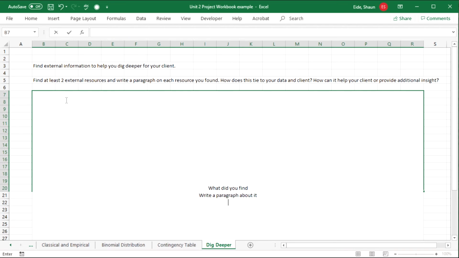And then, if you can, attach a document of what you found.